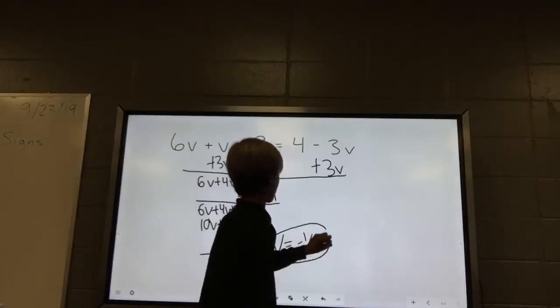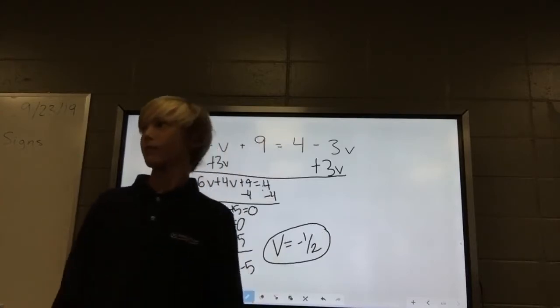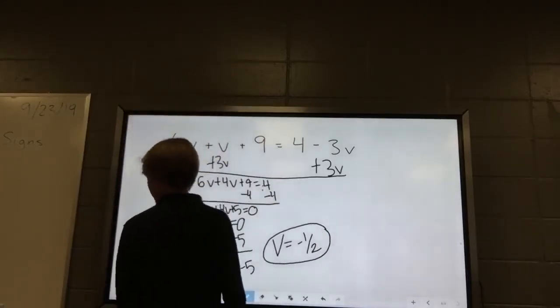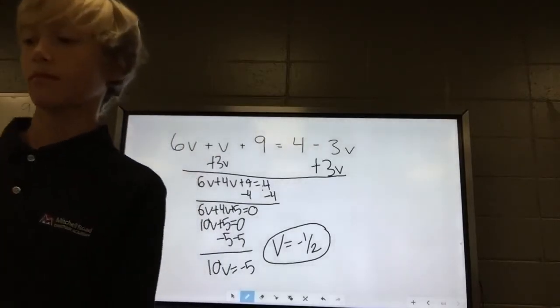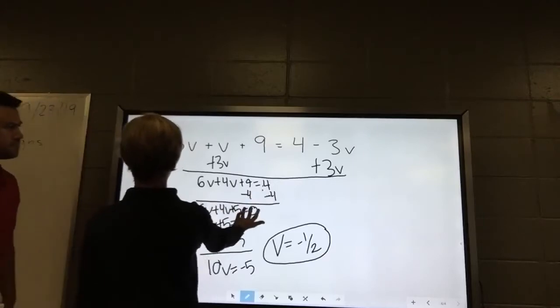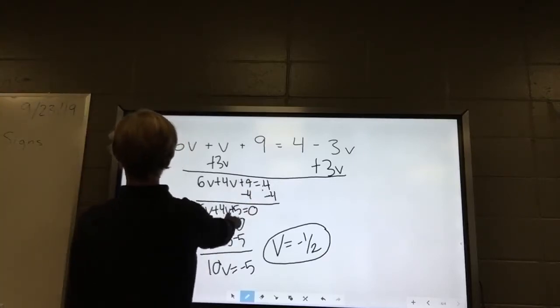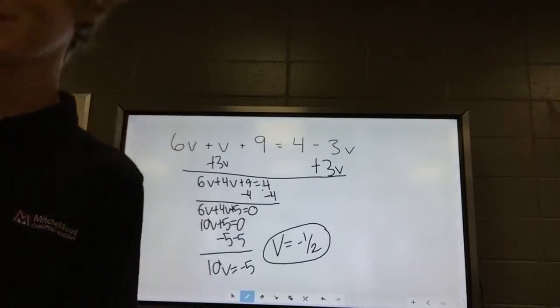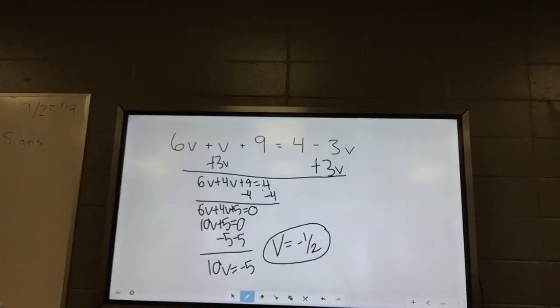Okay, then let me see what he did. Sorry, Jack, can you tell me what you did here? So I subtracted 4 from both sides, and then that would be 9. Sorry, I saw 15. No, you're good. I thought it was something else.